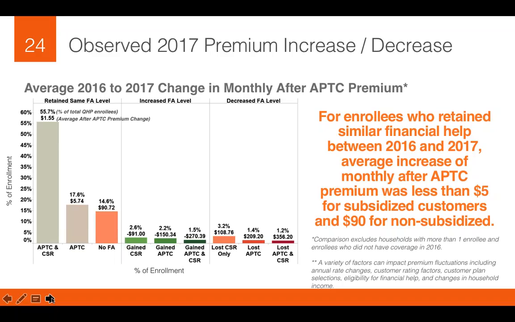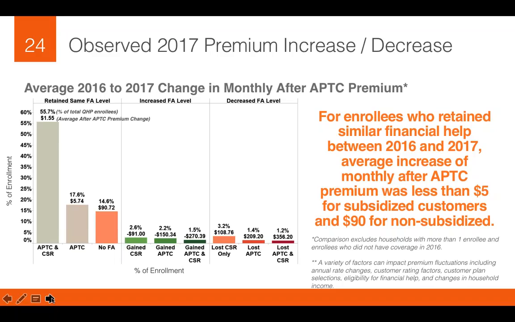Also, as you might expect, the customers who saw the biggest swings were the customers who were moving in and out of financial assistance categories. The most egregious scenario would be losing their APTC plus CSR and becoming unsubsidized because of, let's say, an income increase.